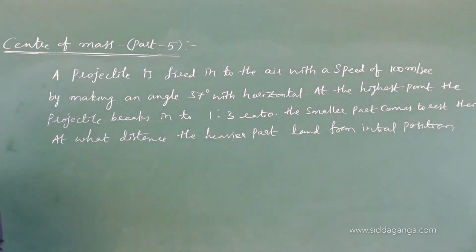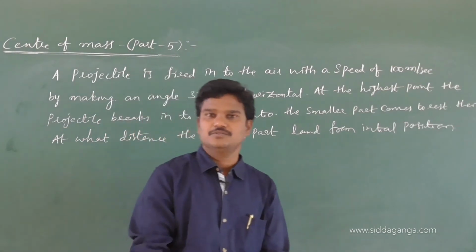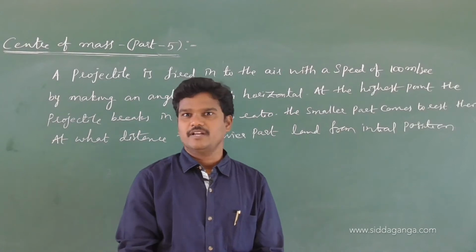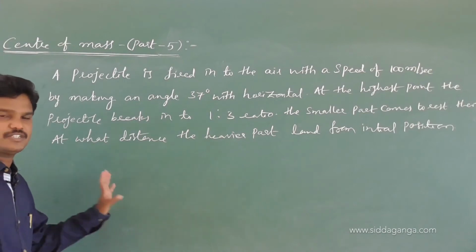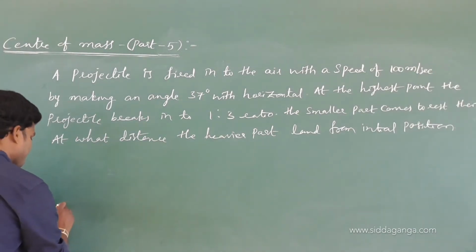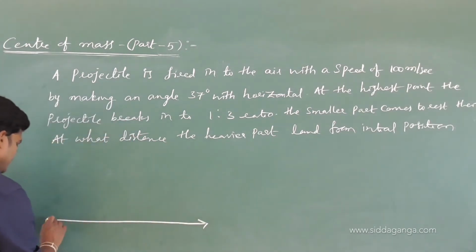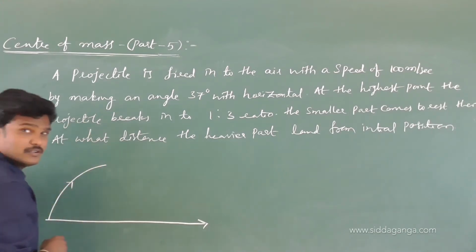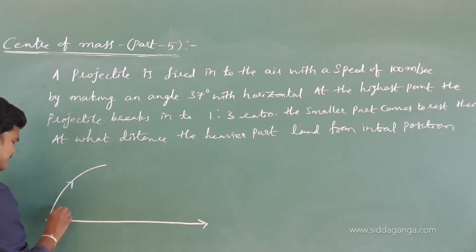First, imagine the diagram. I think you are good at projectile motion, and you remember the range and maximum height of a projectile. Let me use the range formula based on the situation here. A projectile is fired into the air like this at an angle of 37 degrees with the horizontal.